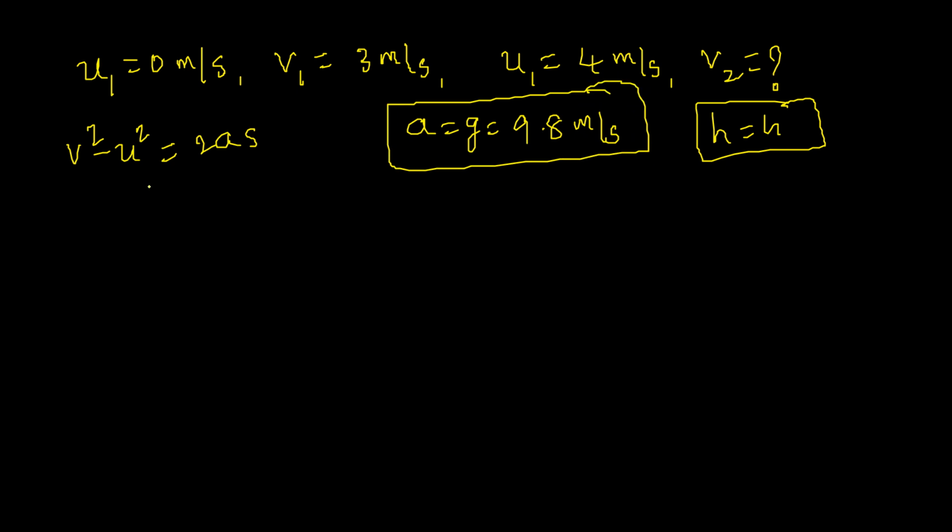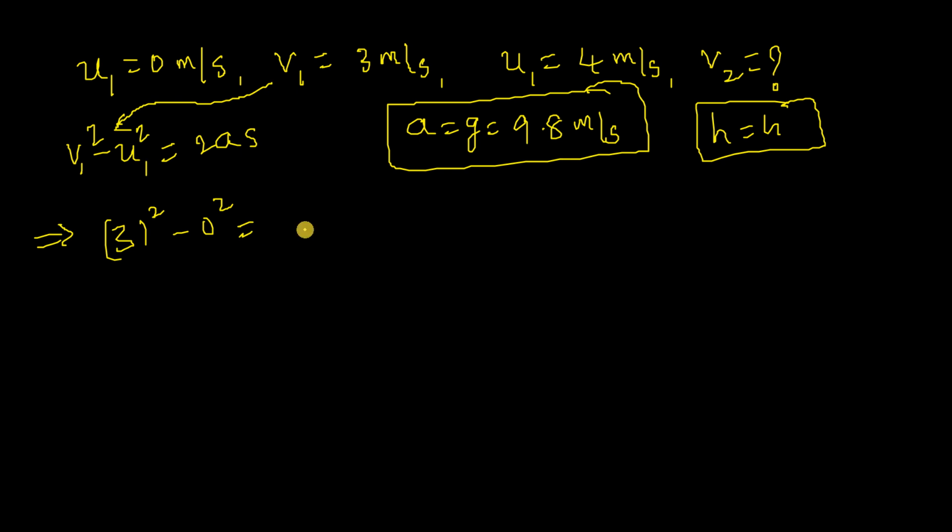Now substitute the values in the first case: v1 square minus u1 square equal to 2as, with s equal to h. v1 square is 3 square, and u1 square is 0.